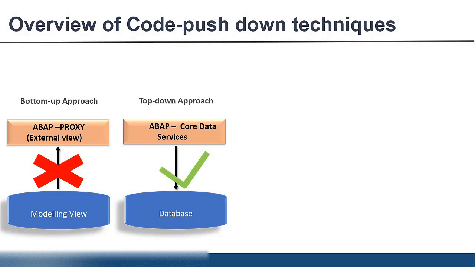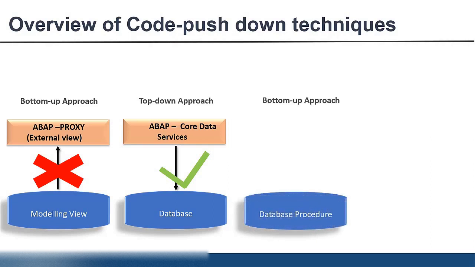However, you have also learned that there are some limitations of CDS views, that you cannot handle complex scenarios through CDS view. And that is why SAP has come up with the next code push down technique, that is database procedure. You create a database procedure in HANA database and then you create a proxy on top of it in ABAP layer.